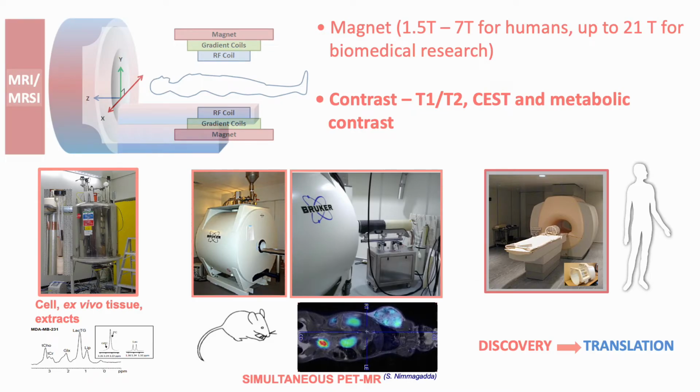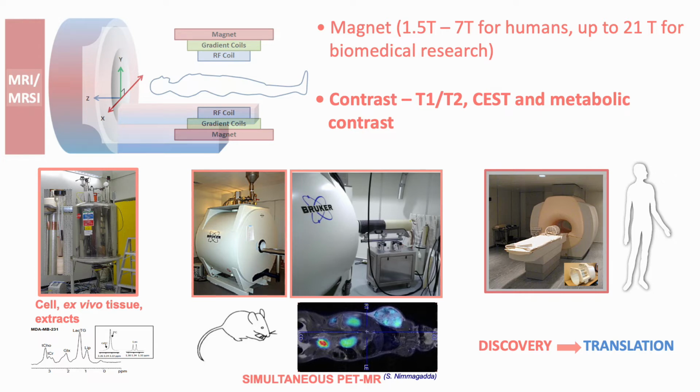So for MR theranostics, typically the imaging reporter generates either T1 contrast or T2 contrast, or chemical exchange saturation transfer contrast, or metabolic contrast. And of course, MRI and MRS can be used to investigate cells and ex vivo tissue and extracts, and can be used for preclinical models of cancers.